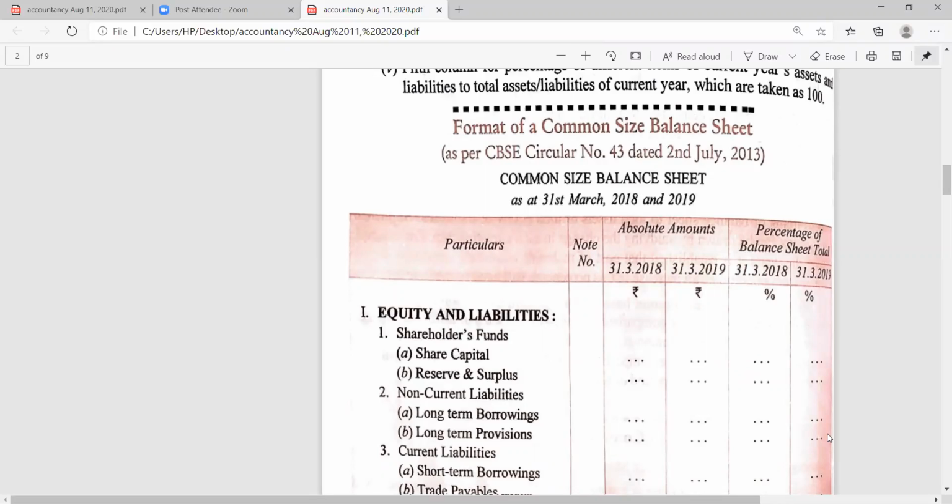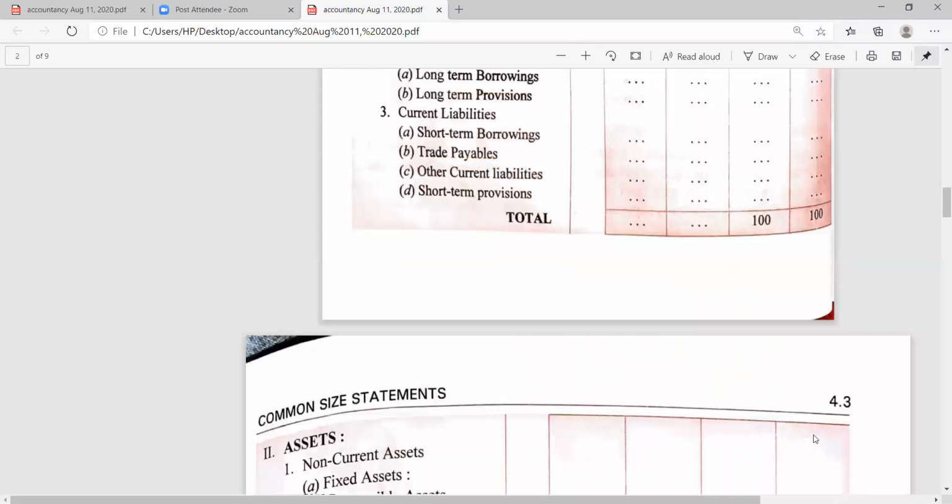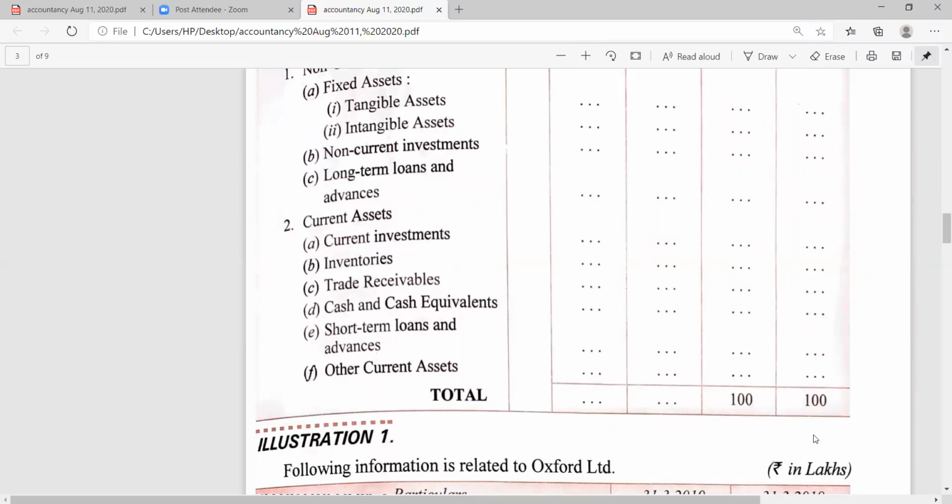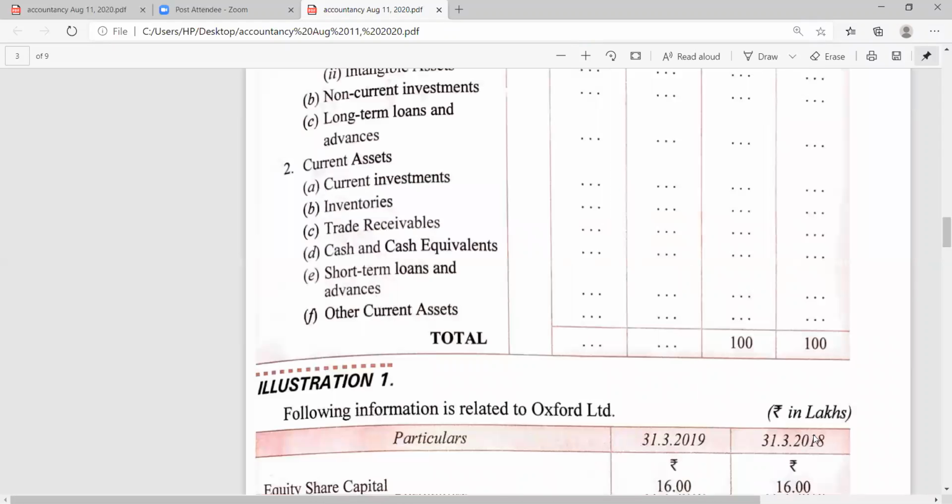And in the last column, you have to show the relationship of equity and liability with its total as a common base for the current year, and in the assets, the total of the assets as a common base in the current year. When we will do practical, it will be more clear to you.